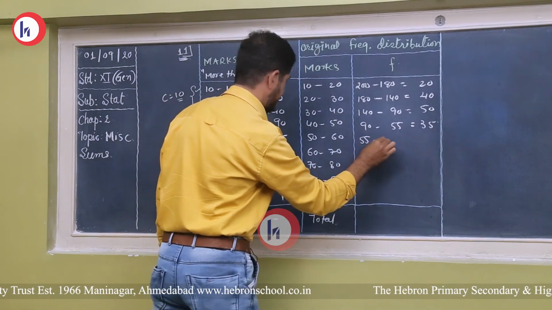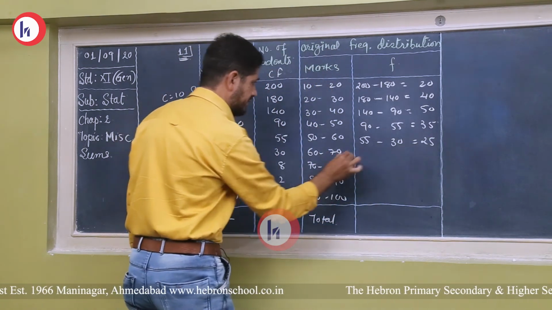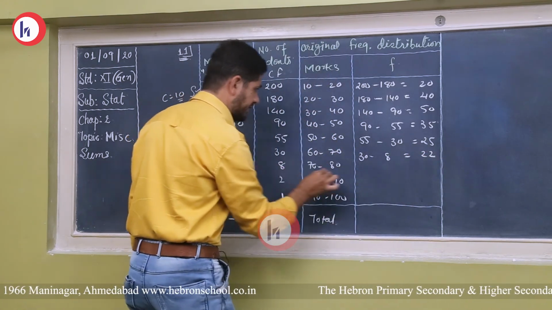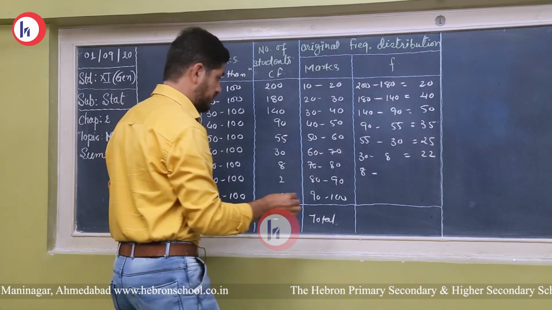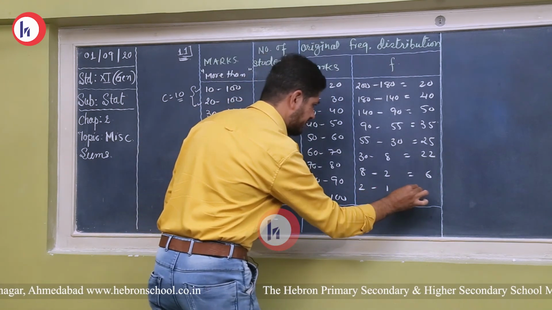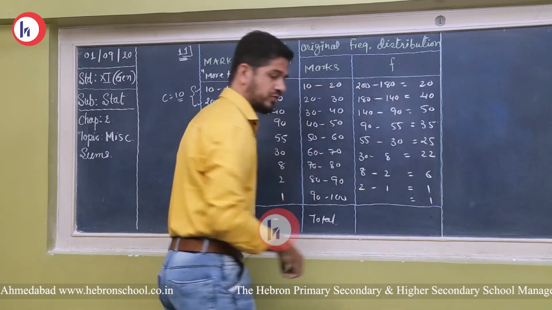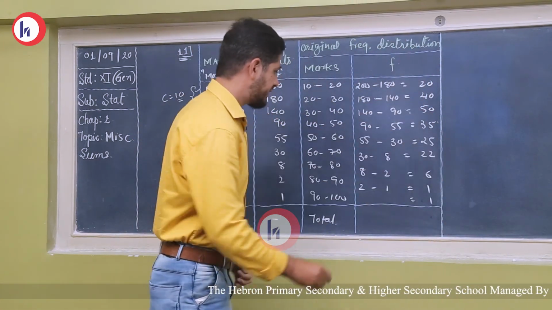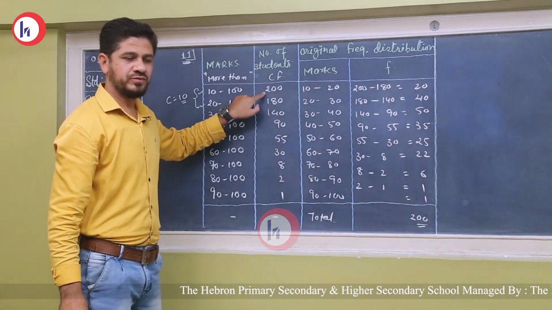Now 55 minus 30, so we'll get 25. 30 minus 8, it is 22. 8 minus 2, it is 6. 2 minus 1, it is 1. And finally the last one is also 1. So when you add all these frequencies, you will get the total 200, which is the given first cumulative frequency.